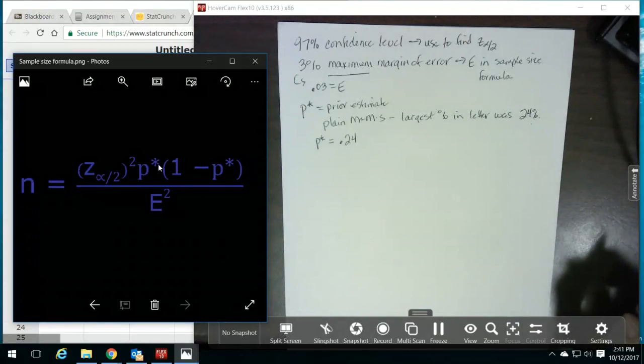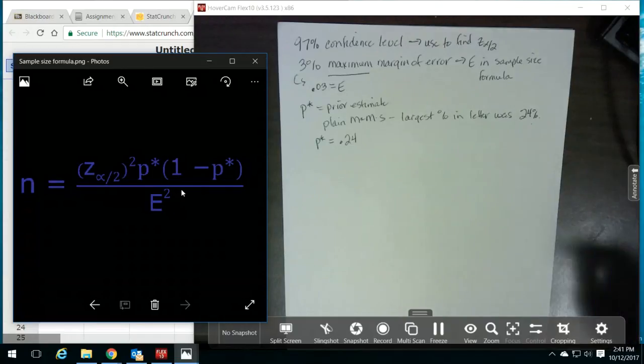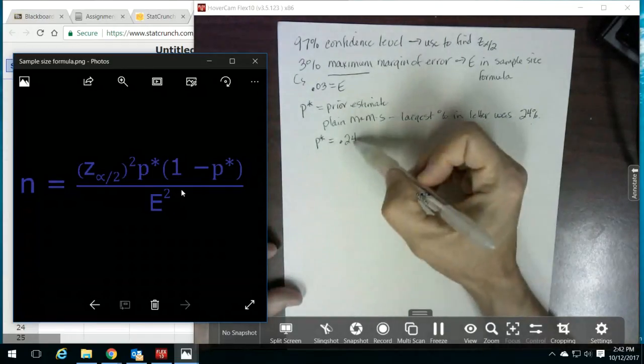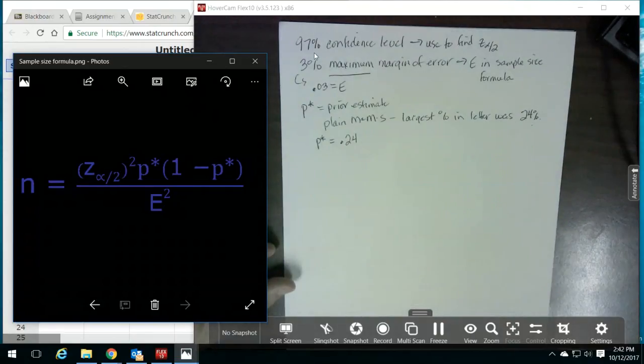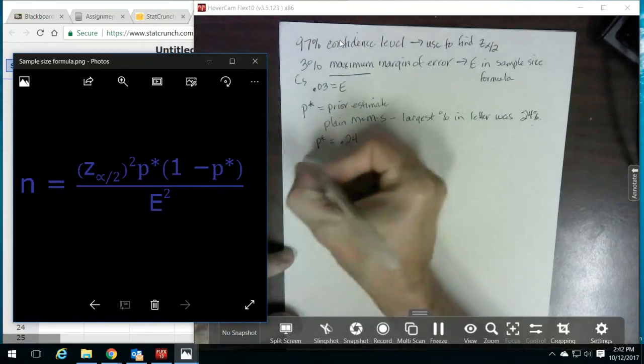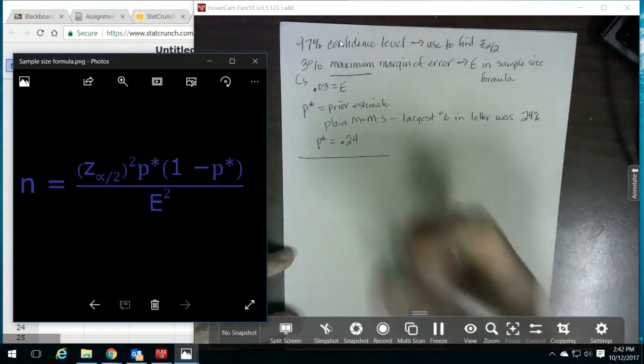Okay, so with those things, I can get all the numbers I need to put into this formula. I have the E and I have the p star. The only one I need to actually find is the critical value. So I'm going to go back to my confidence level and go through all the steps to find my critical value from that.